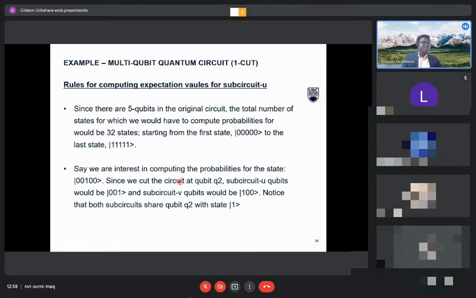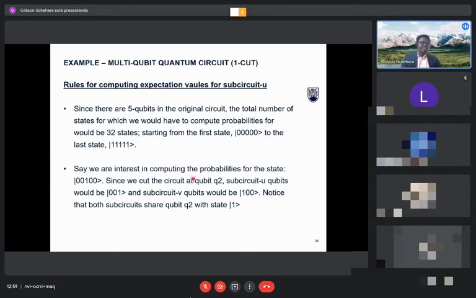Here we have 5 qubits, so there are 2 to the power of 5, which is equal to 32 different states that we need to compute probabilities for. It starts from the 0 state all through to the 1 state. In total, we have 32 states to find their probability.